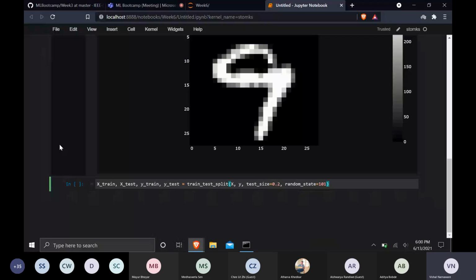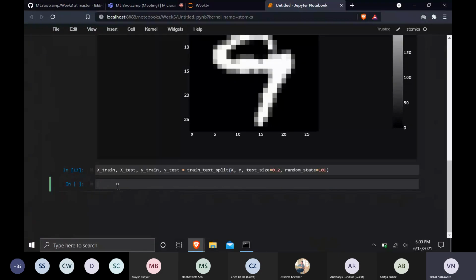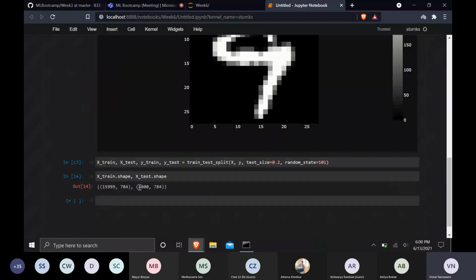And yeah, here also check the x_train shape and x_test shape, right? So from that almost 20,000 examples, almost 20% of those are in x_test, because we wrote this 0.2.